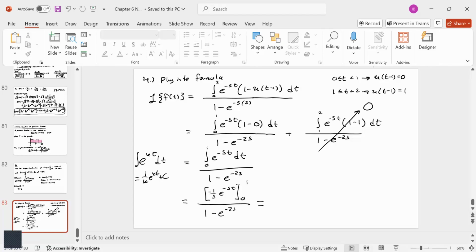If we plug in 1, we get negative 1 over s e to the negative s. And if we plug in 0, I know it's very tempting to think that e to the 0 is 0, but e to the 0 is equal to 1. So then we get minus negative 1 over s.